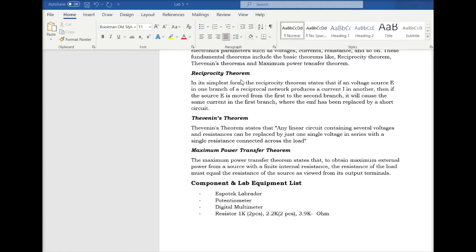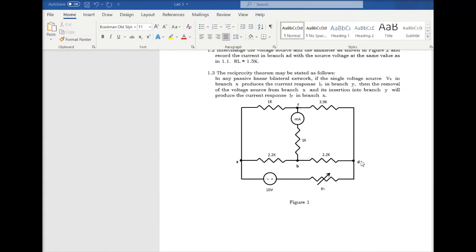Before I go to that, let me just give you a practical example. Let's just take this figure as an example, all right? You are seeing that we are supplying a voltage from here, and then you can see an ammeter, which is a multimeter for our case, hooked up over here and here, right? Because of this 10 volt, obviously a certain current would pass through this branch. And then what's going to happen is I'm going to interchange this ammeter and this voltage source.